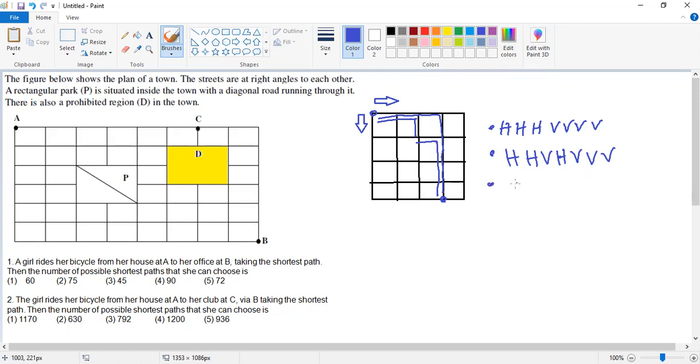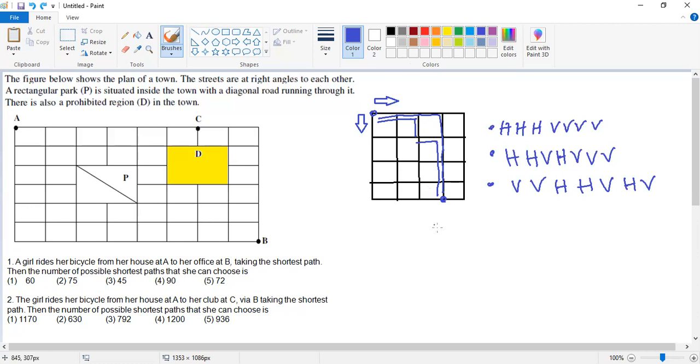If I do a completely different arrangement like this, I've got 2 vertical, 2 horizontal, 1 vertical, 1 horizontal, 1 vertical. So every time I keep changing the position of the letters, I am generating a new route. So what is effectively happening is arrangement.